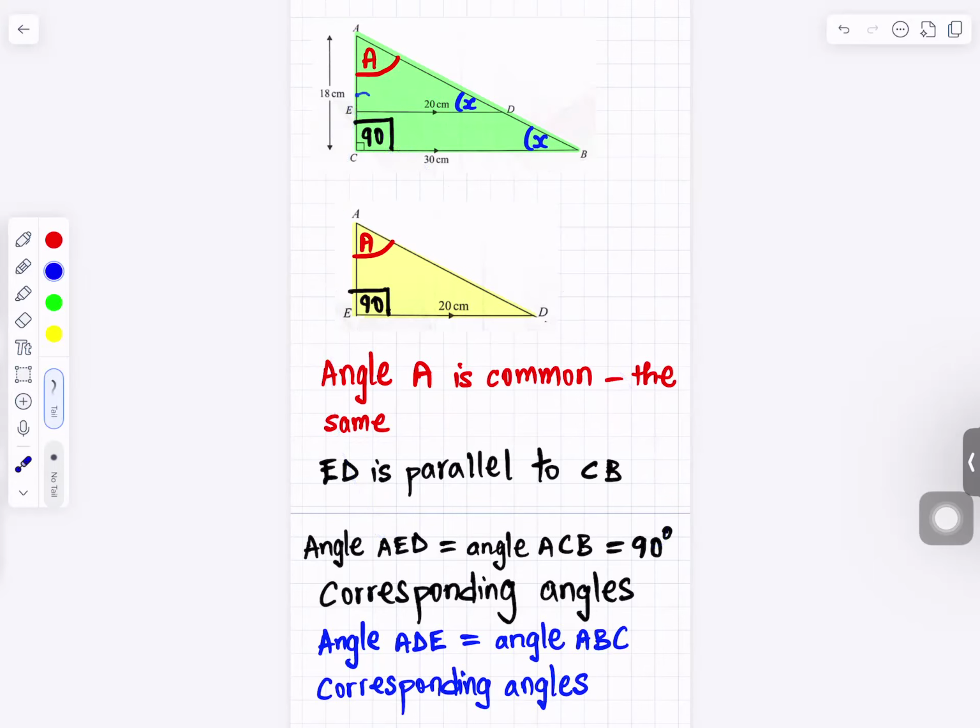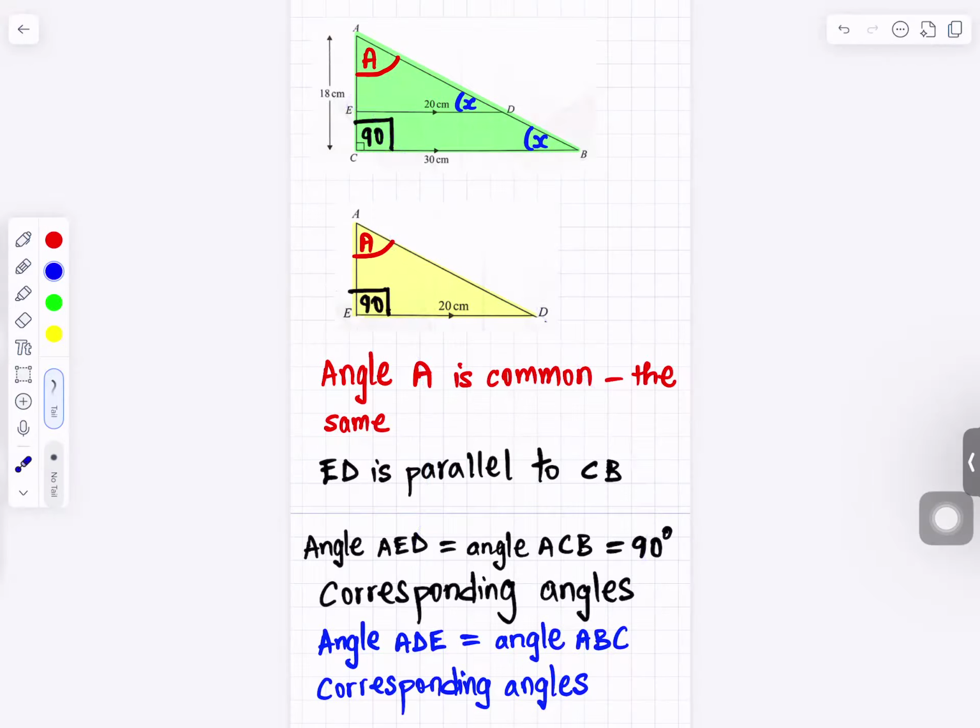So this is 90 and this is 90. So we can say they are corresponding angles. And those two lines are straight lines. So corresponding angles. So angle AED is 90 and ACB is 90.